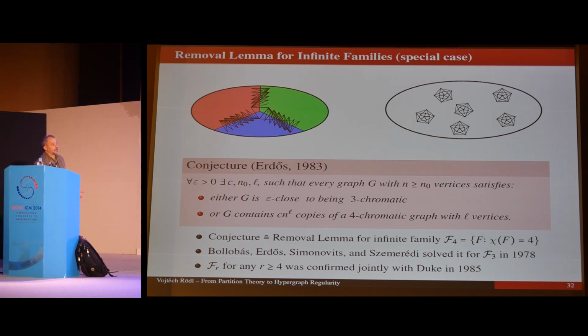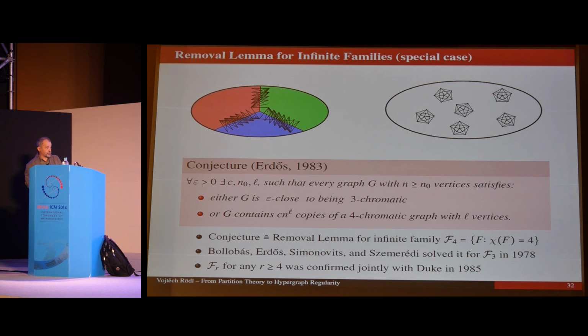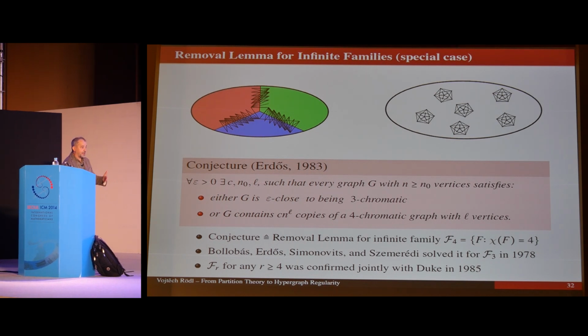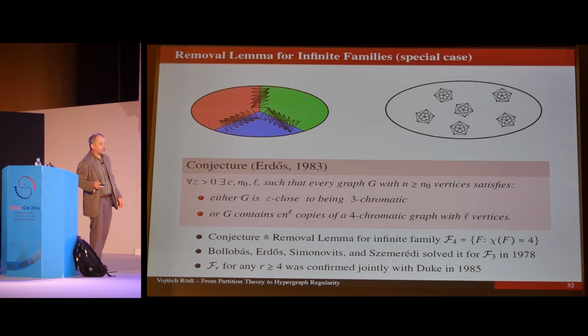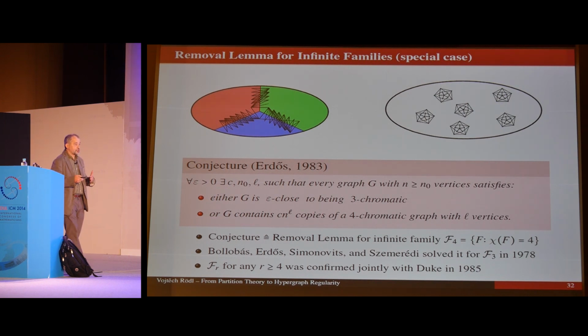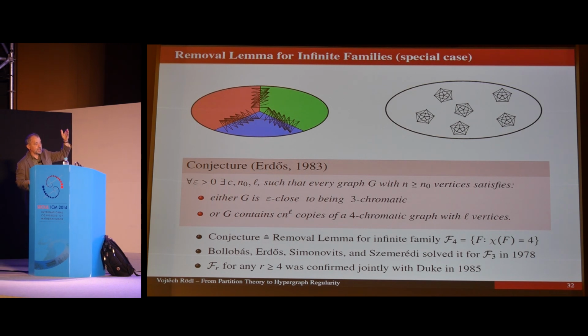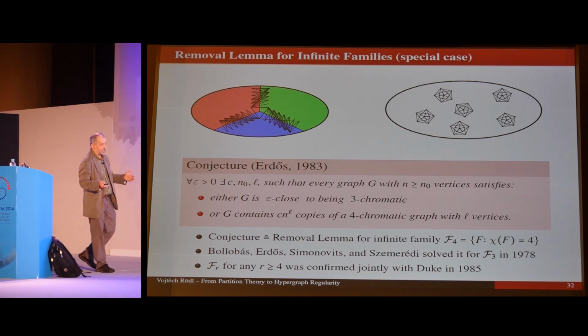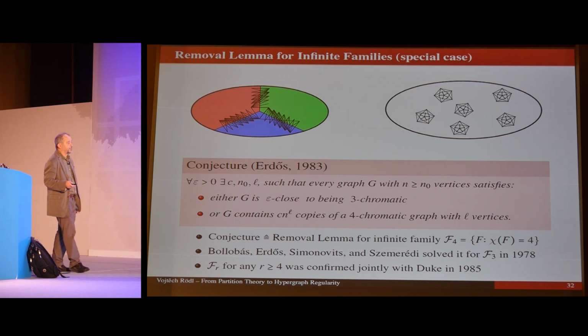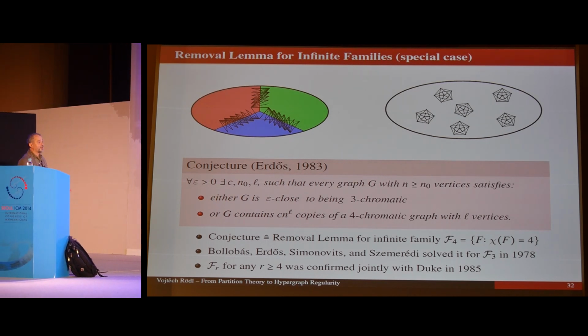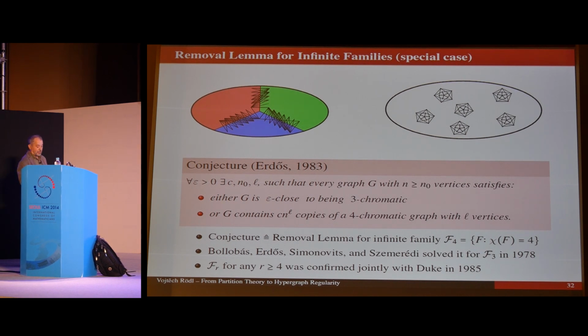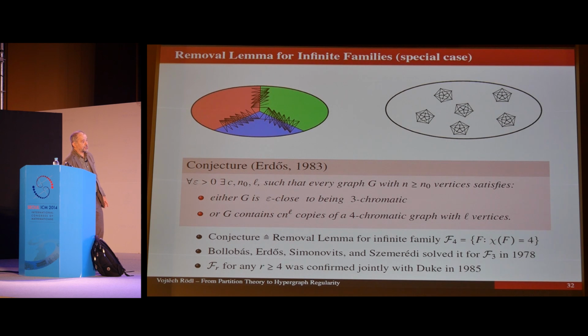Also, I should mention that this conjecture was made in response to an earlier result of Bollobás, Erdős, Simonovits, and Szemerédi, who solved that problem when 3 and 4 are replaced by 2 and 3, so for the family F3 consisting of all 3-chromatic graphs. And the general form of the conjecture was confirmed jointly with Duke in 1985.